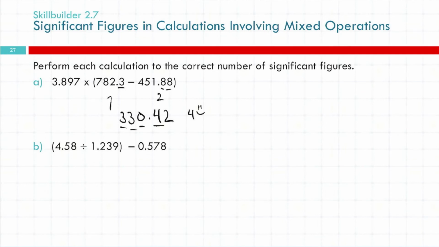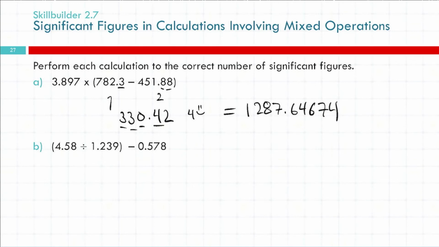And then we're going to multiply this intermediate number with that insignificant 2, poor 2, times the rest of our problem, 3.897. And we'll get 1287.64. I'm just going to write all these out for 674.